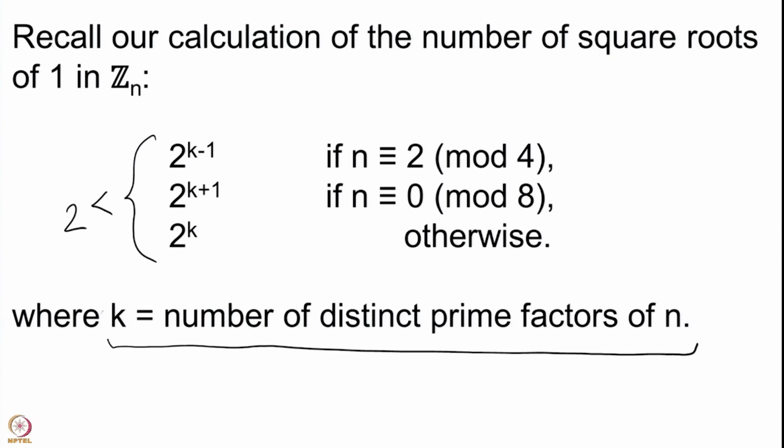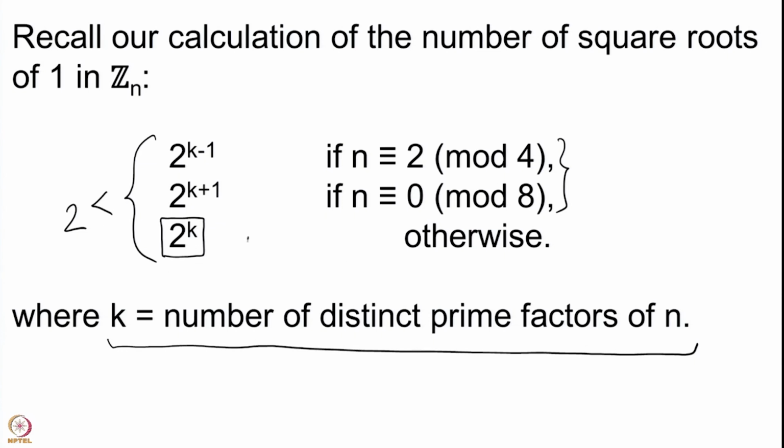So, k, because you will have at least one prime factor. So, whenever you have 2 or more factors, then this will tell you if there are 2 or more odd factors, let us say, because the even factors are divided in 2 cases here. So, whenever you have 2 or more odd prime factors, then the number of square roots of 1 is going to be 2 power k, which is bigger than 2.